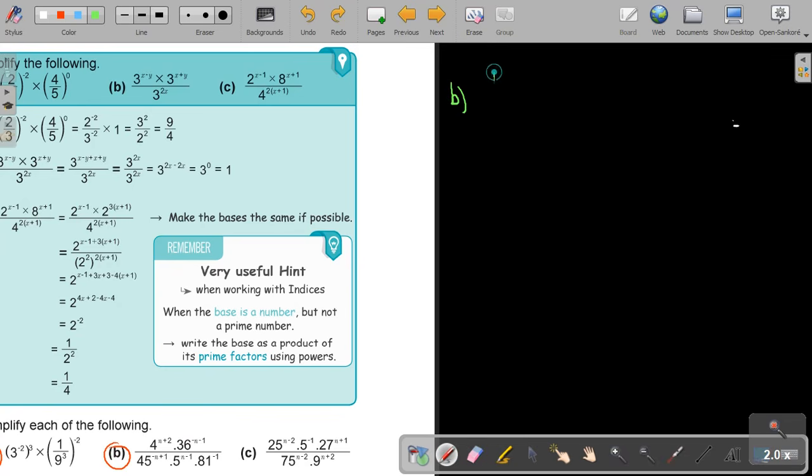So this is going to be 4 to the power of n plus 2, this is going to be 36 to the power of negative n minus 1, this is going to be 45 to the power of negative n plus 1, this is going to be 5 to the power of n minus 1, this is going to be 81 to the power of negative 1.